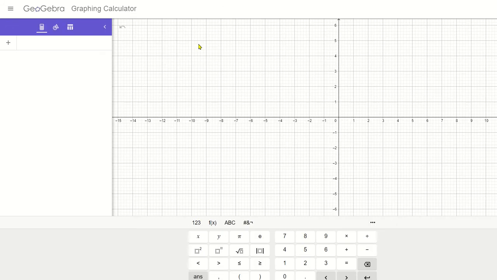So let's reload this one. I think it's lagging. So 4x to the power of 3, and then minus 66x square, and then plus 216x.